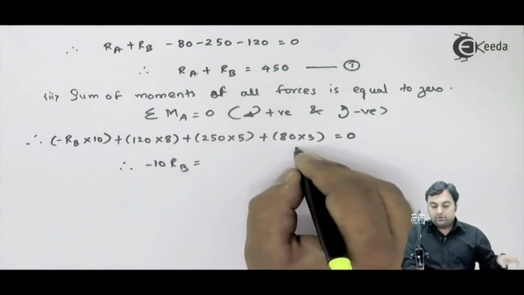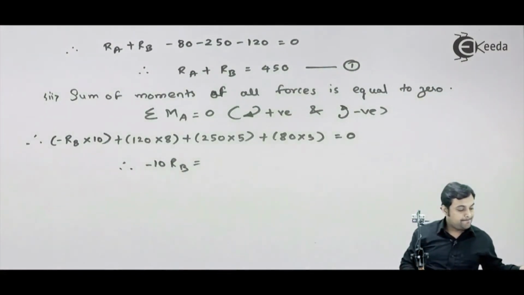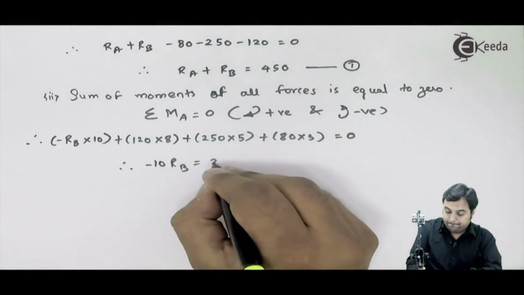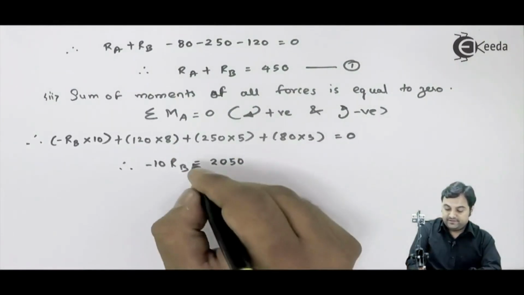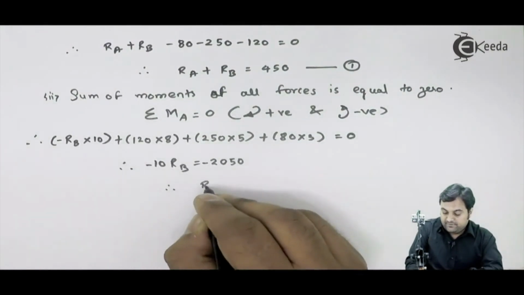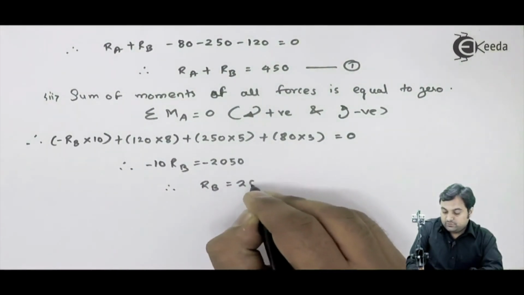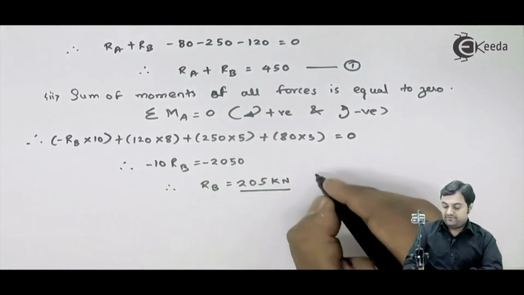If I calculate all terms here, my answer comes out to be 2050. And since I have shifted it onto the other side, it is with a negative sign. Therefore, RB value is equal to 205 kilonewton. This is my first answer.